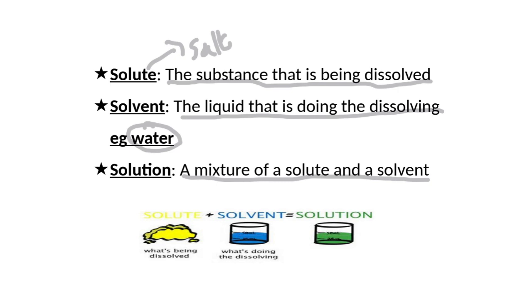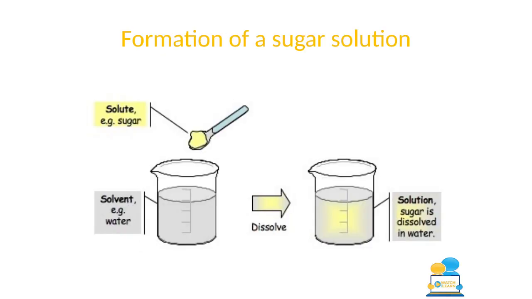And again, this is just a visual showing that when we add a solute to the solvent, we get a solution. So if we add salt plus our water, we get a salt solution. Or sugar plus our water, we get a sugar solution. This is showing the formation of a sugar solution. Our solute is a substance that we are dissolving.